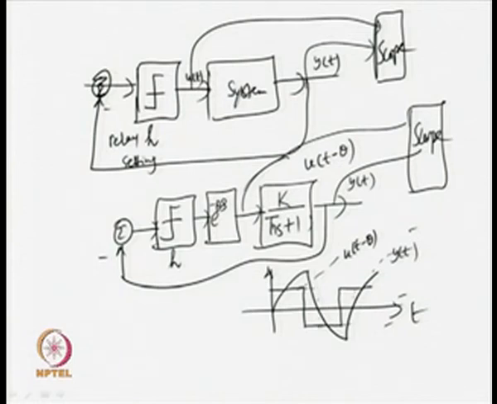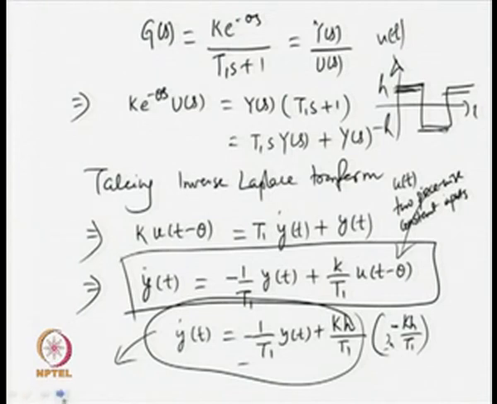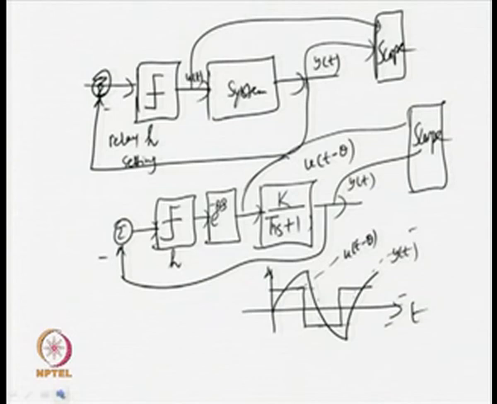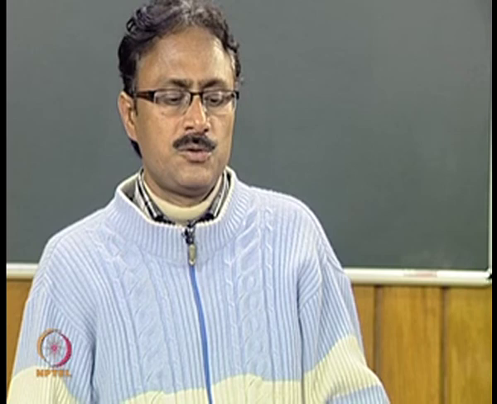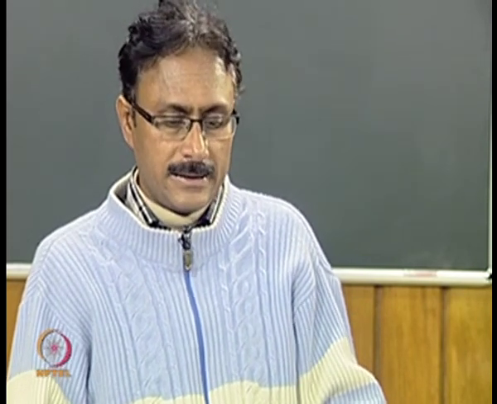So, one has to be very careful the way you get the input and output waveform for the system. Because of the delay, you get typical output and input waveforms. So, these waveforms are to be minutely observed and proper measurements be made to obtain the system model parameters accurately.